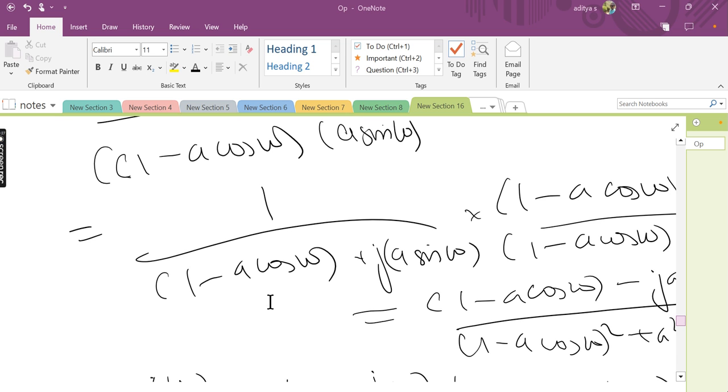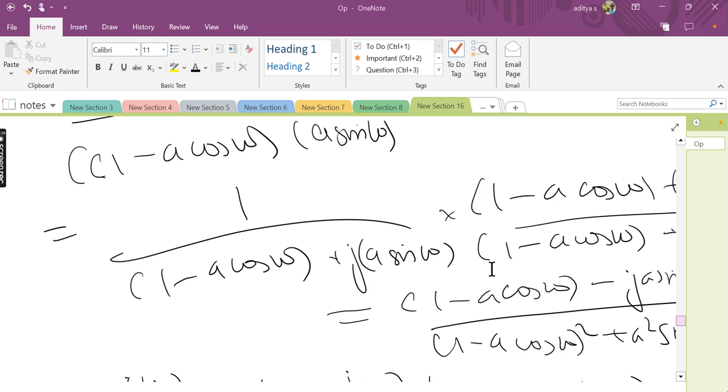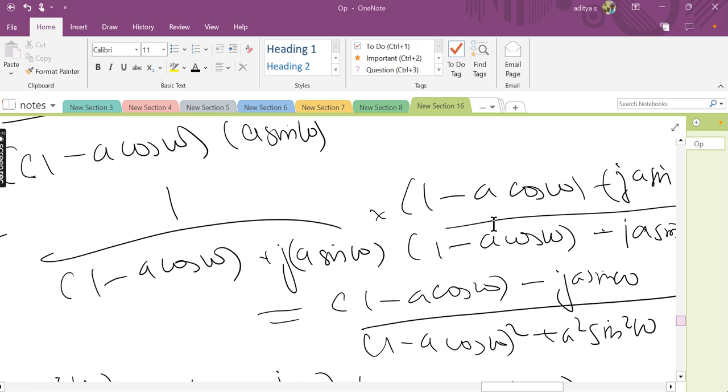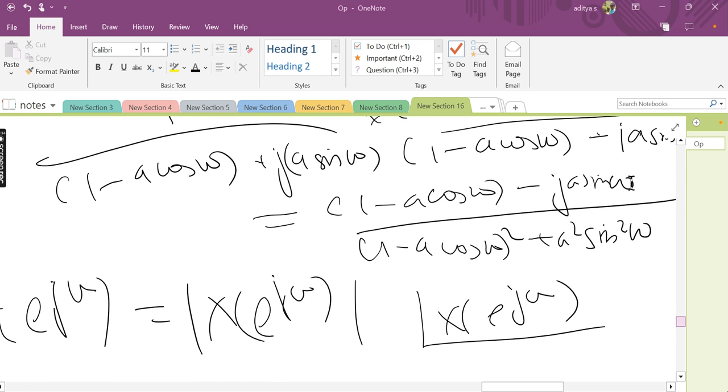We multiply by the conjugate on both sides, and we get 1 minus a cos omega minus j a sin omega in the numerator, and in the denominator 1 minus a cos omega whole square plus a square sin square omega.